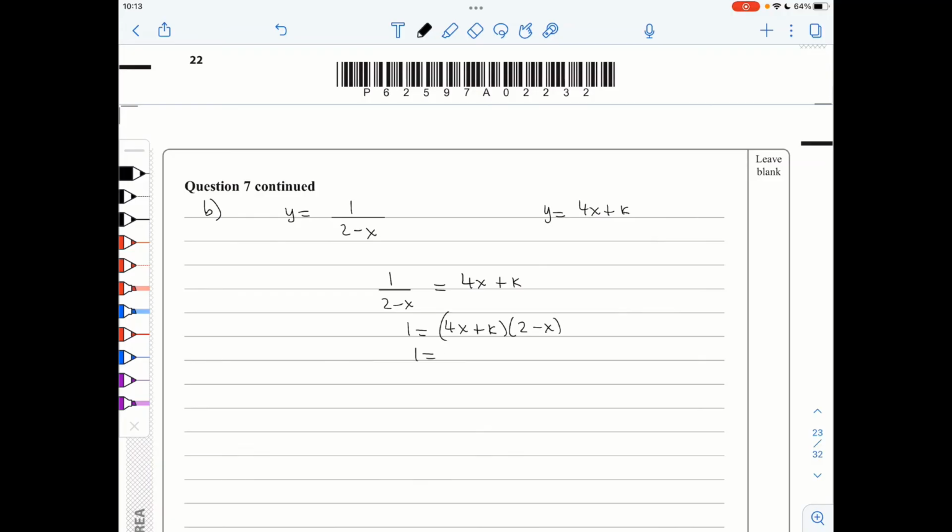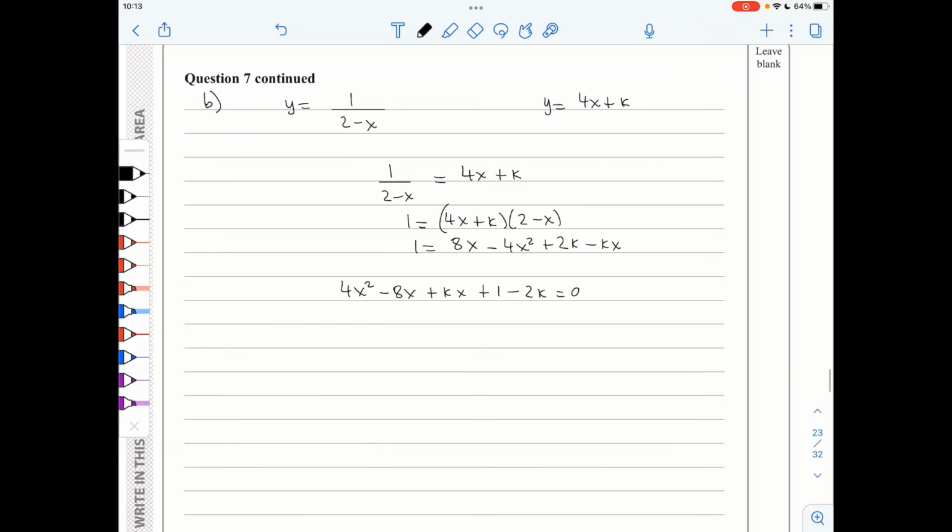I will expand this, it's 8x minus 4x squared plus 2k minus kx, and I will collect everything on the left hand side, so 4x squared minus 8x plus kx plus 1 minus 2k is 0. I will put it in the standard form of a quadratic expression, so 4x squared plus (k minus 8)x plus (1 minus 2k) is 0.